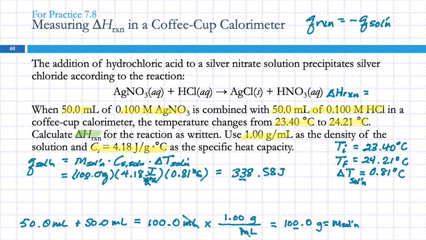Well, let's do it this way. Q for the reaction is negative Q for the solution. So that's going to be negative 338.58 joules.